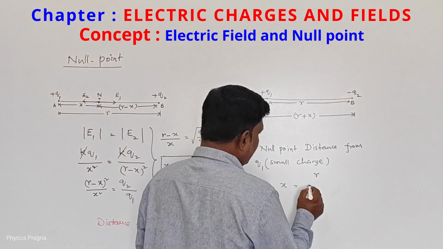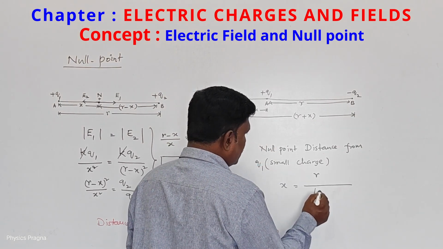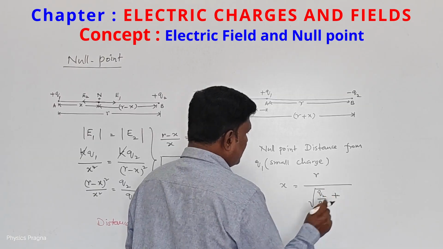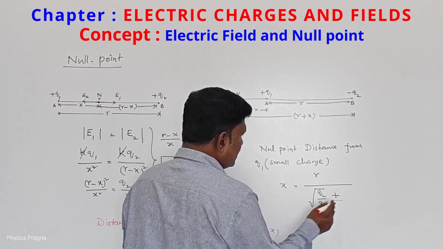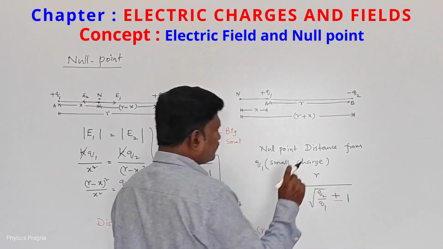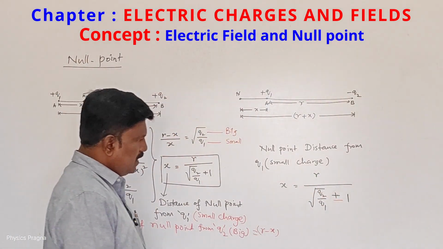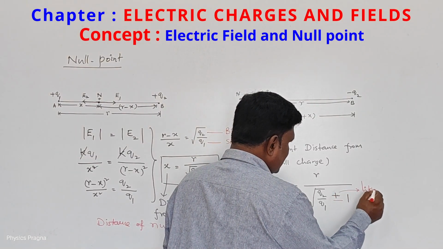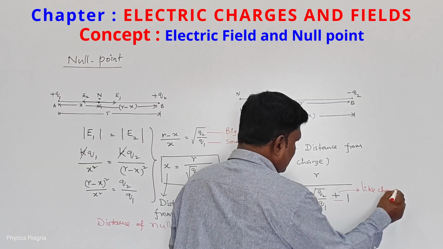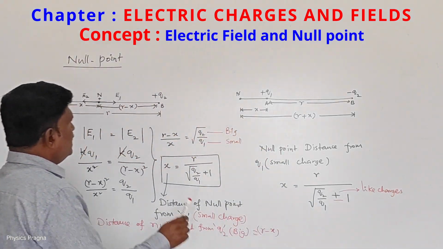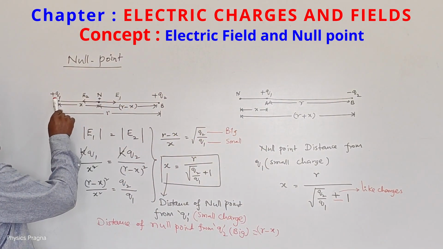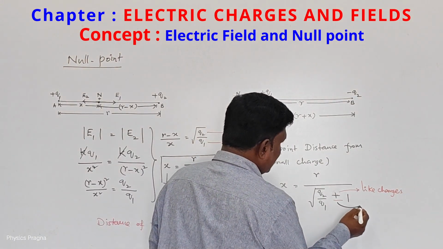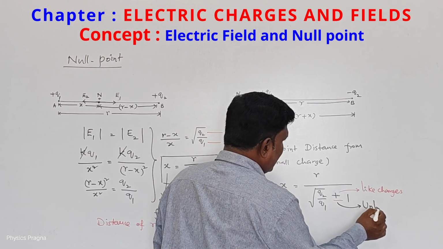X is equal to R by root of Q2 by Q1 plus or minus 1. So you remember, if plus is there, these are like charges. Like charges means plus here, here also plus. A minus you take in the case of unlike charges.